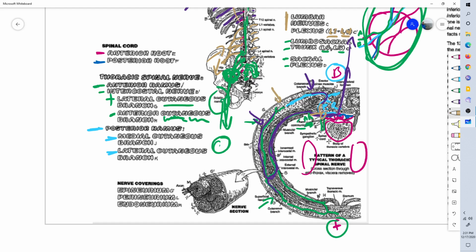If somebody pokes you with a pin right here, it'd be interesting to know whether the signal would come through the anterior ramus, then the intercostal nerve, and then around here, would the signal come from this nerve, or would it come in from this lateral cutaneous branch of the posterior ramus?